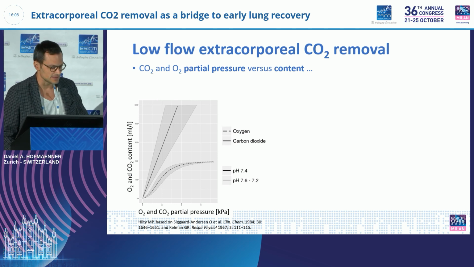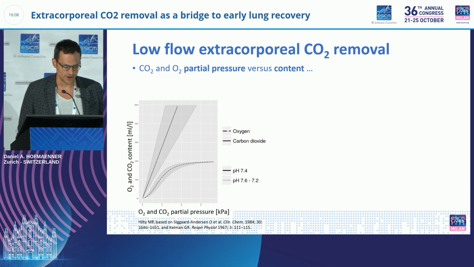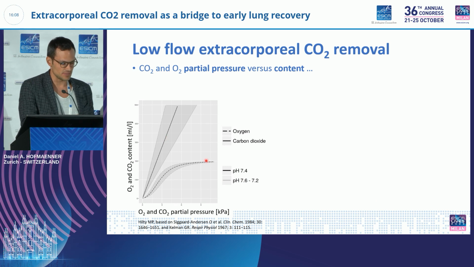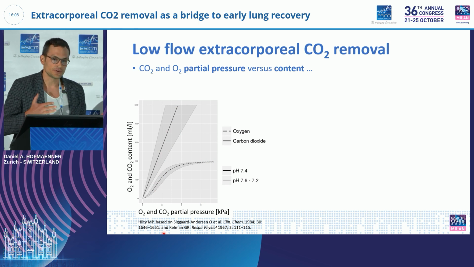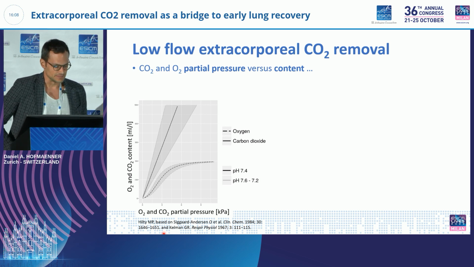On the left panel, you see oxygen and CO2 content within the blood, depending on the respective partial pressures of those gases. And what you see here is that the steep line is the CO2. So you see a very steep increase in CO2 content already if the partial pressure changes only slightly.